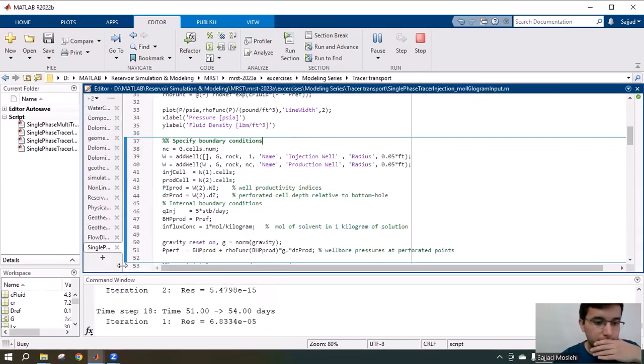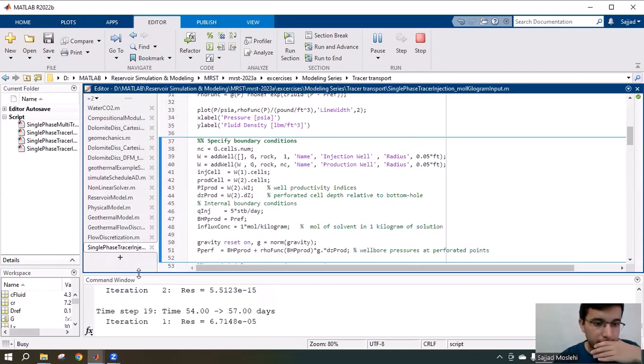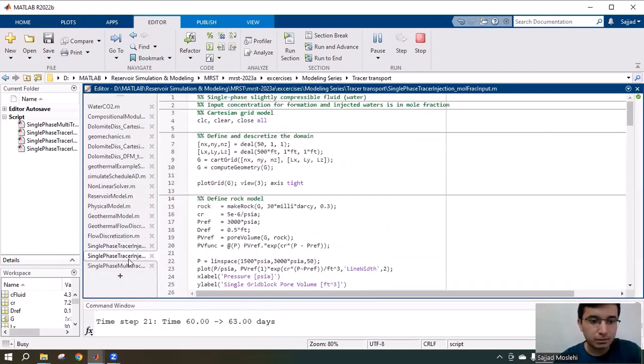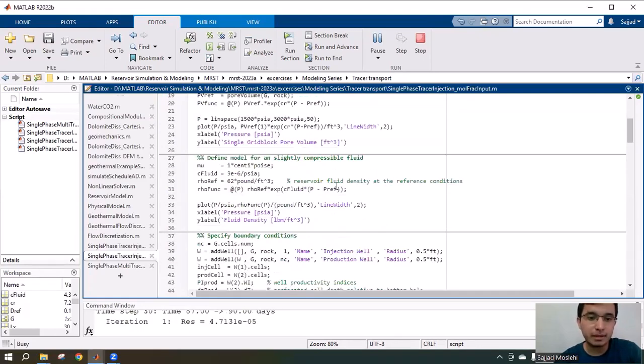We'll see the results. And now, let's talk about the second script. In this script, I have considered the concentration of the tracer in mole fraction. There are some changes that need to be made.